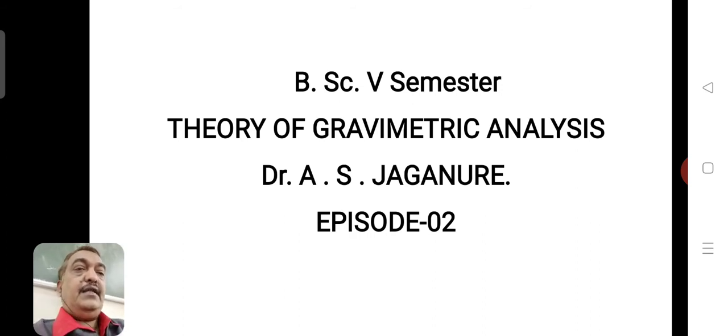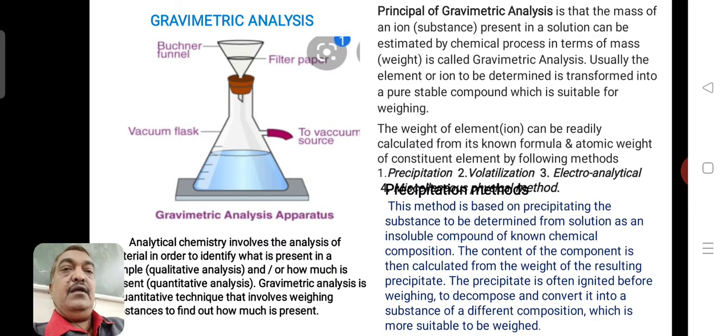Here I request your patience, because anything without an experimental procedure is very difficult to explain, but I will try my level best to give a concrete idea of what gravimetric estimation or analysis is. Last time I gave some idea about what gravimetric analysis is.